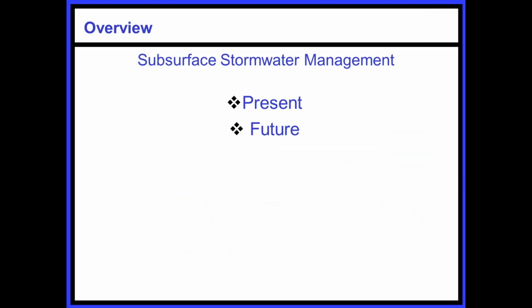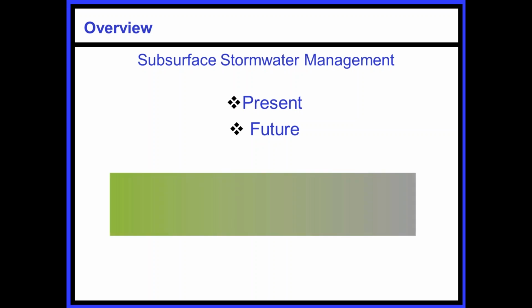So what we're going to be talking about today is what's been used in design today, but more importantly, how we are going to deal with these infrequent, high-intensity, short-duration events. Or how we are going to deal with changing regulation that requires more and more management of stormwater, mainly from a volume perspective. That's been the trend as of late. So what we're really going to think about is where on a green-gray spectrum we are going to be.